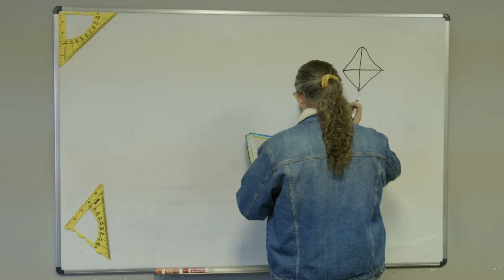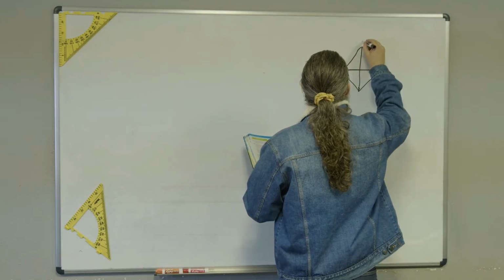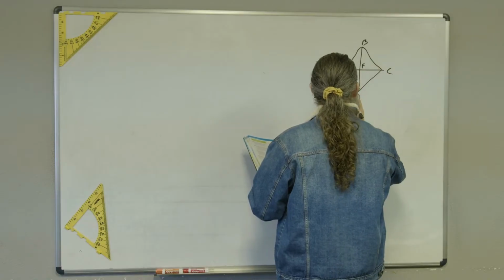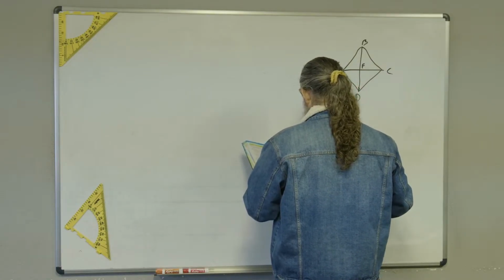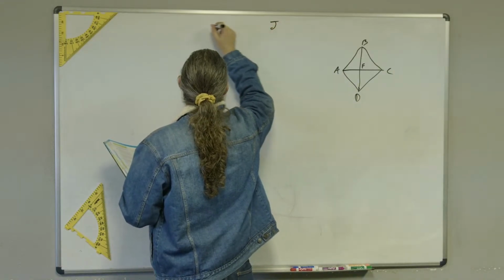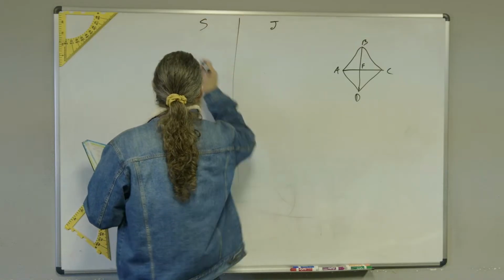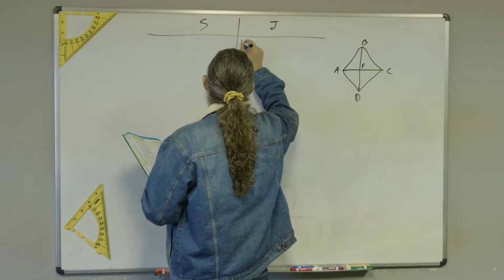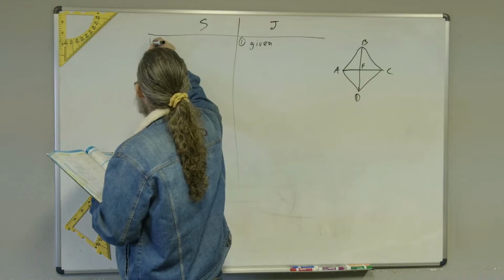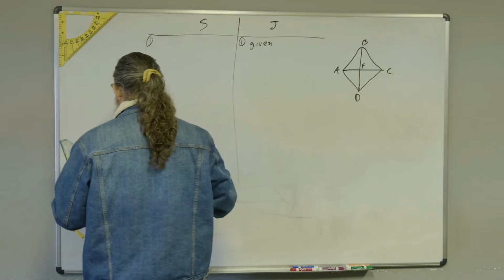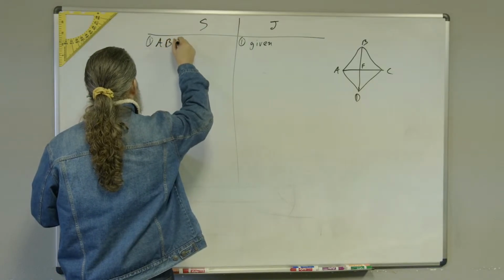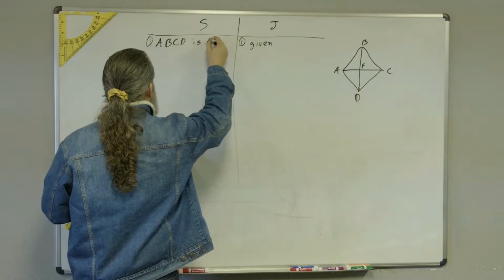That looks perfect. Okay. A, B, C, D, F. We are given that ABCD is a parallelogram.